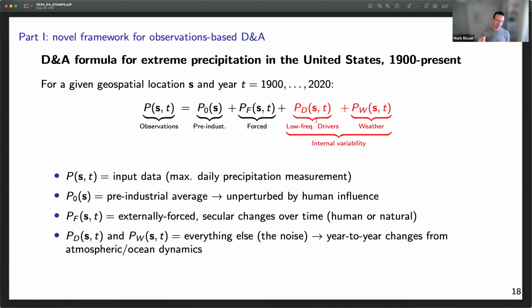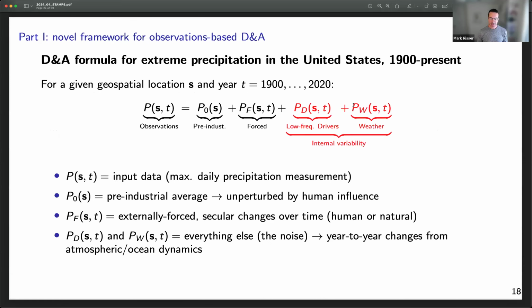That's trying to characterize the influence of known modes of climate variability, things like the El Nino Southern Oscillation, and other year-to-year sources of variability or oscillations that we know influence rainfall. So that is specifically modeled, but then this weather variability term is essentially a residual error term. That's everything else that we can't account for using these other parts of the equation.